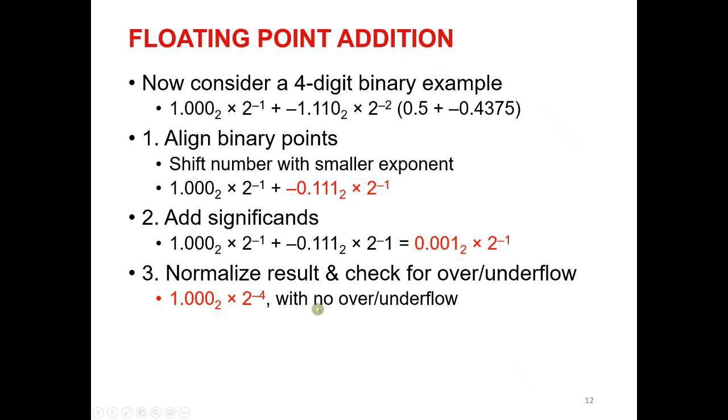If we shift 3 positions to the left, we decrement the exponent 3 positions. It was -1, sorry. We subtract 3 positions, and it is -4, and we have it normalized.